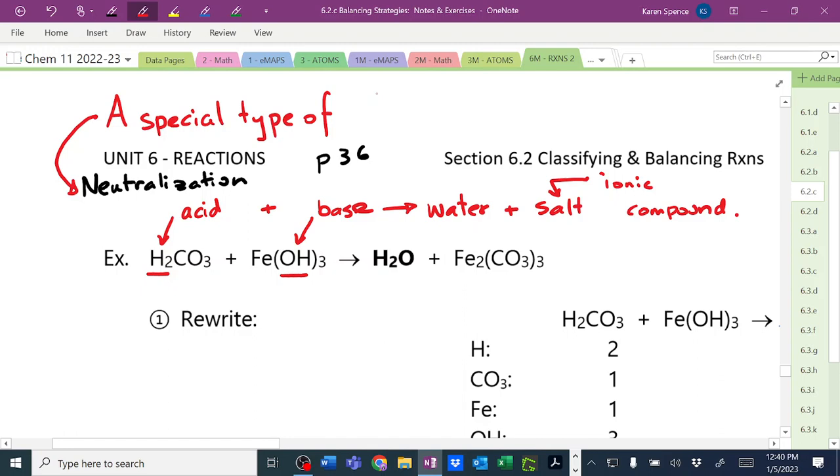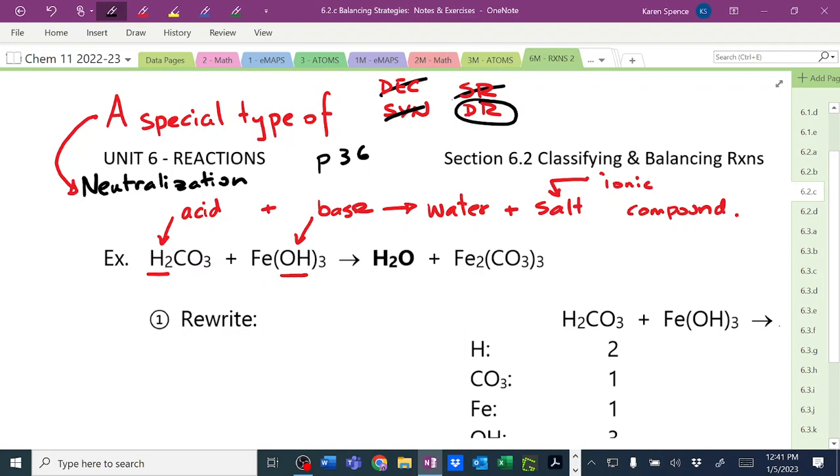Is it a special type of decomposition, synthesis, single replacement, or double replacement? Double replacement, okay? And it's a special type when you have an acid and a base as your reactants.